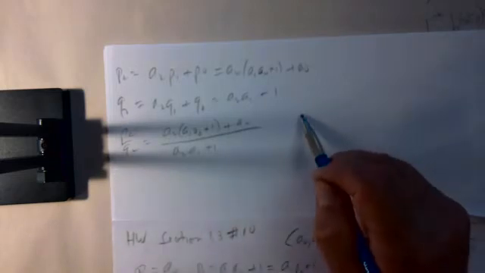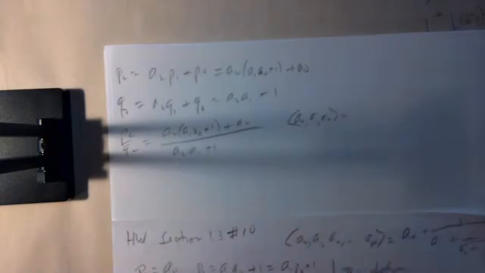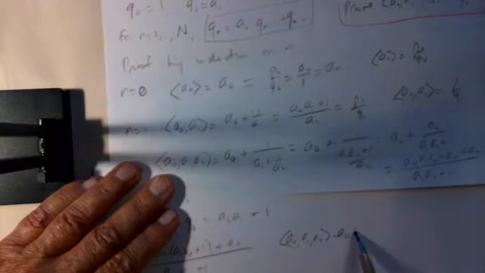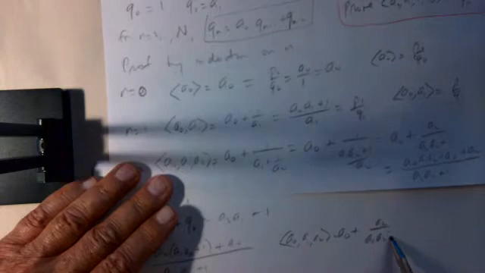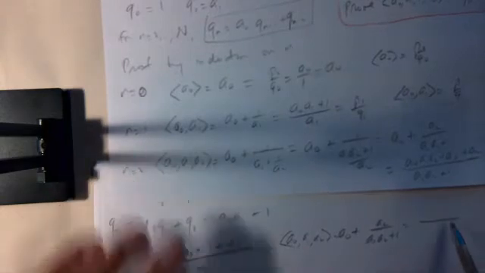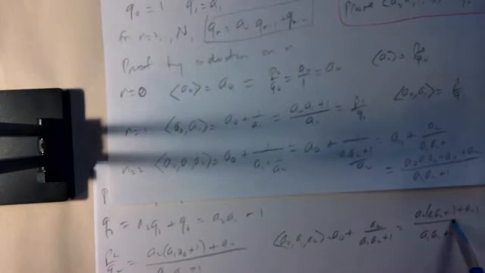But what did we find that our continued fraction was? [A0, A1, A2], this continued fraction, it was this, A0 plus A2 over (A1 A2 plus 1). When you put this over the common denominator, A1 A2 plus 1, and here is A0 times (A1 A2 plus 1) plus A2. Oops.